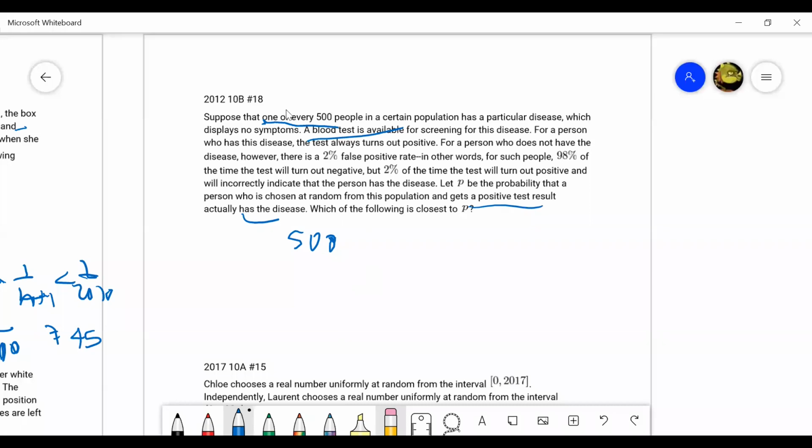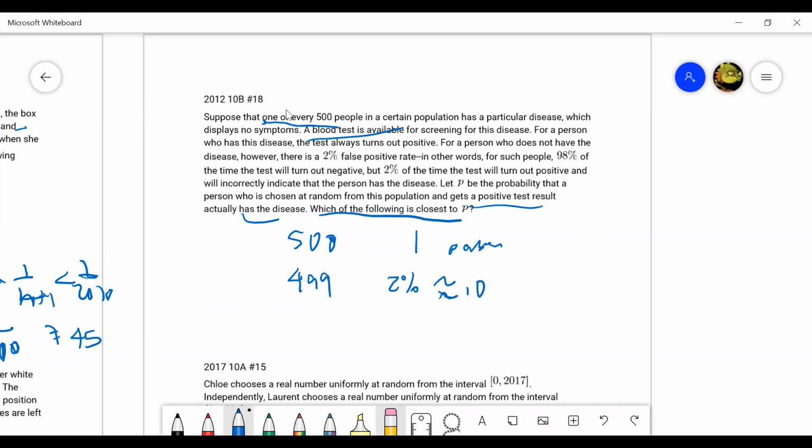That means one person has the disease. So that person is going to have a positive test. But of the 499 other people, 2% are going to also have a positive test. And this is roughly 10 people.